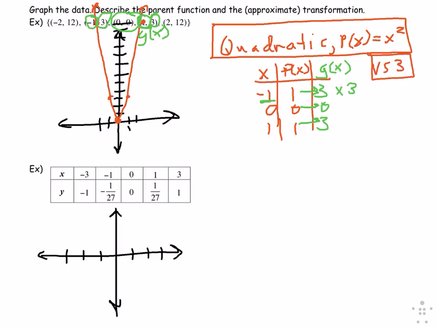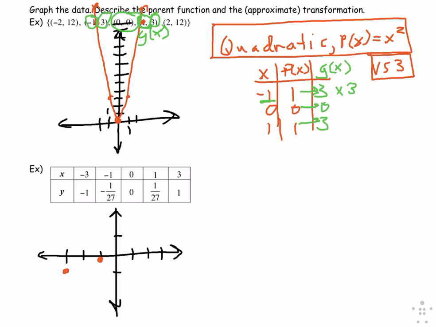If I don't put markings, then I'm implying that they are 1. Then we have -3, -1. We have -1, -1/27. It's just below the x-axis.